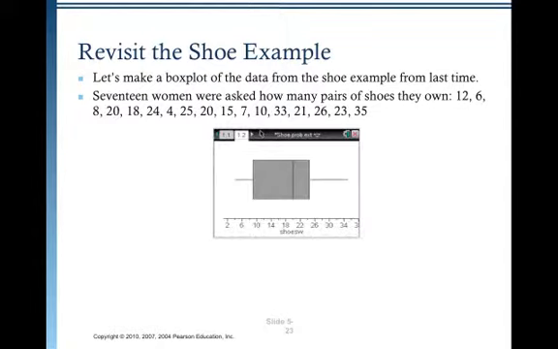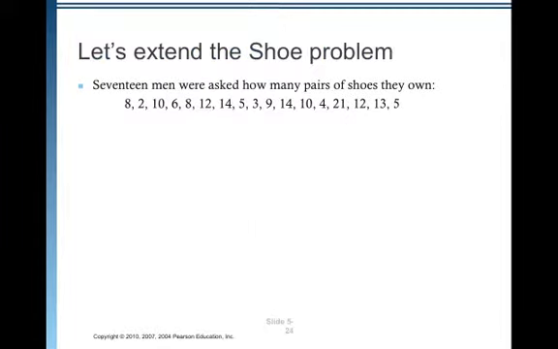If you go to your data and statistics page where you have the box plot from before, or if you didn't create one, create a data and statistics page, add shoes for the horizontal axis, and then tell your calculator that you want a box plot for the type of plot. And here we have a picture of it.